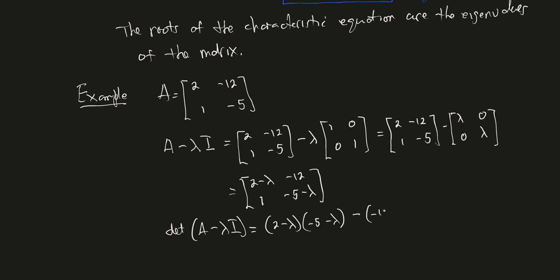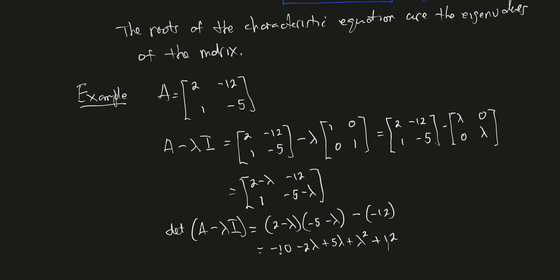So that's minus -12, right? It looks like we're going to end up with a polynomial. So let's expand the product here. We'll have -10, then -2 lambda, then plus 5 lambda, then plus lambda squared, and then plus 12.